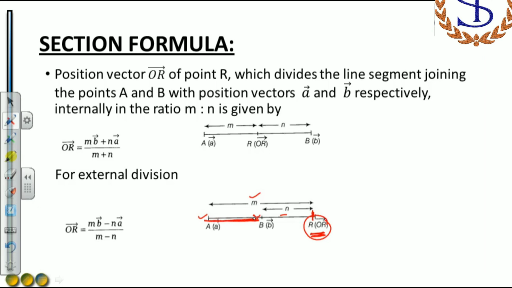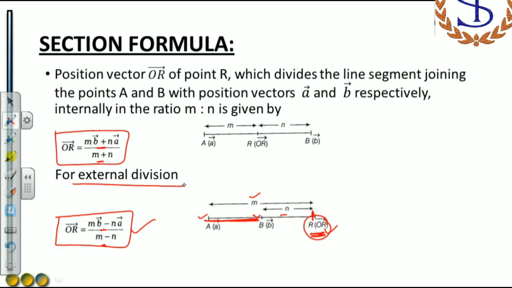You can find this R vector using the same section formula, just by putting a negative sign: in the place of this plus we put minus, and in the denominator also minus. This is the form we use for external division, and the earlier one is for internal division.